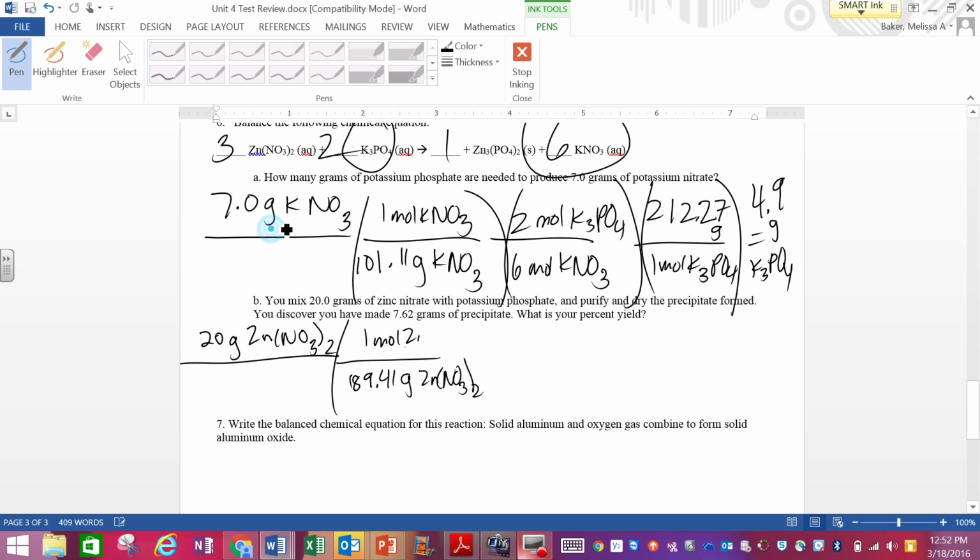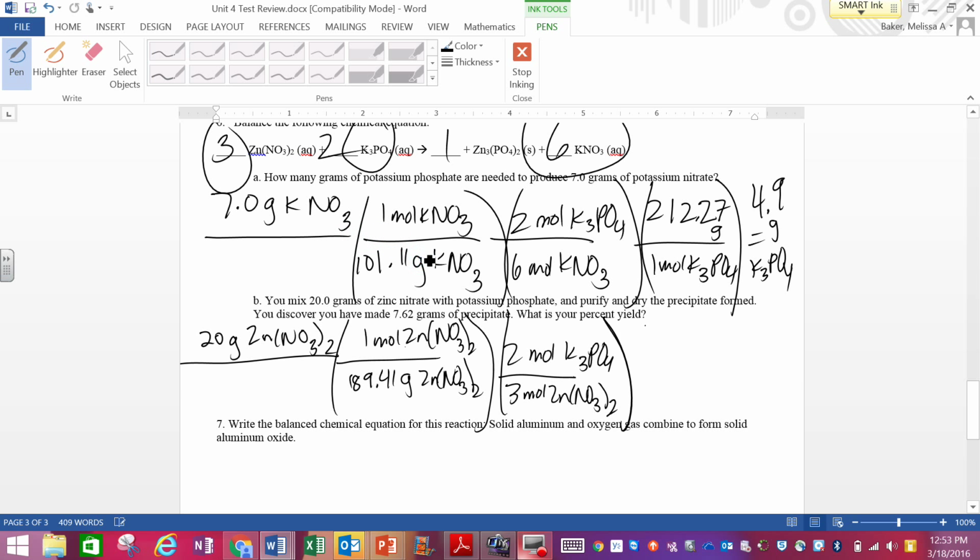So you don't even have a mole because you only have 20 grams. Okay. For every, use the balanced equation, 3 moles of Zn(NO3)2, you need 2 moles of K3PO4. So let's figure out what that's going to be in grams. 1 mole of K3PO4 weighs 386.